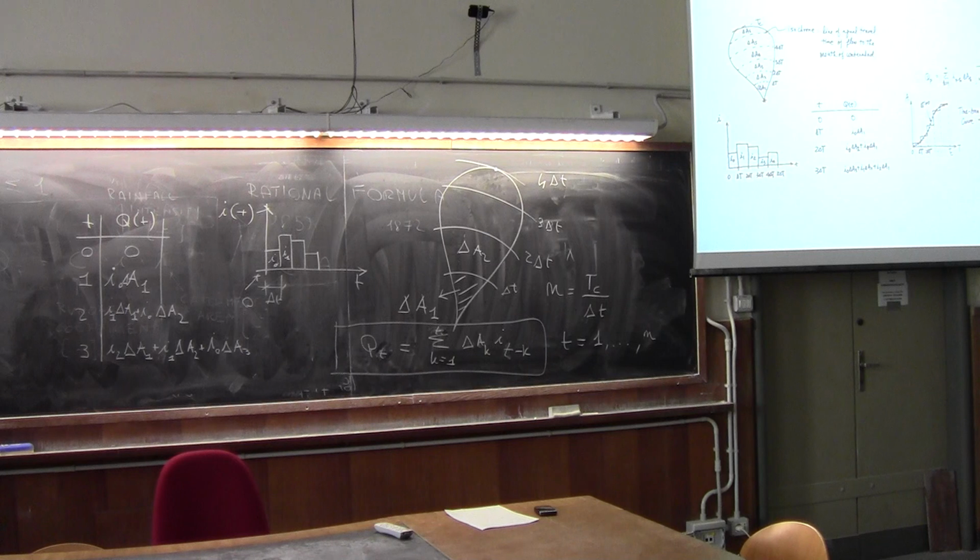Okay, now let me explode the summation. Write down the single terms. So Q5 is equal to, okay, delta AK, so delta A1, which multiplies I4.